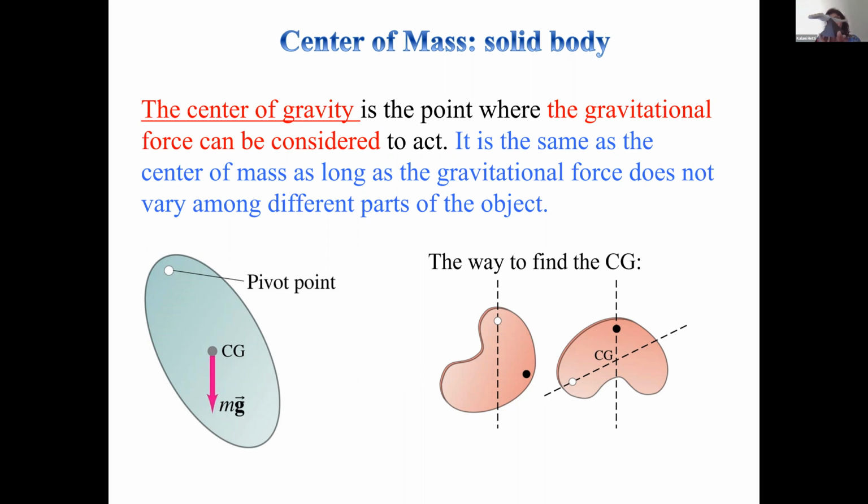Because its feathers are heavier than its body, it keeps the center of mass point on the beak. By using the pivot point, I am able to balance the bird. So that's another way you can see the center of mass point.